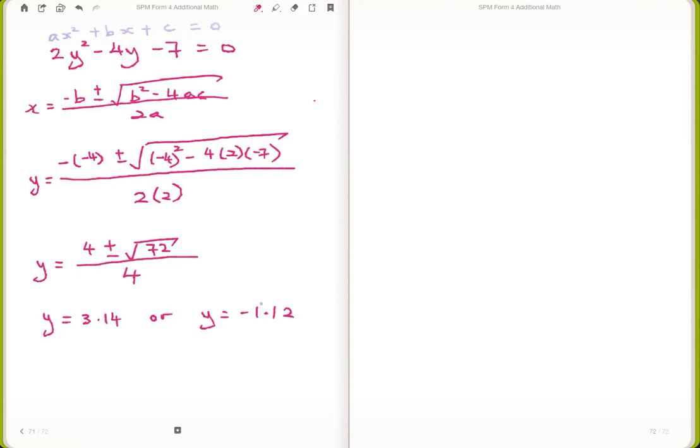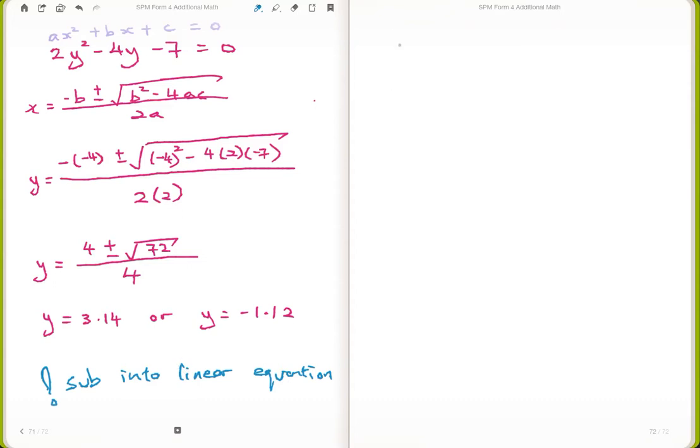If you get these two values, all you need to do next is always remember you substitute into the linear equation. You do not use the quadratic equation. Use the linear equation.